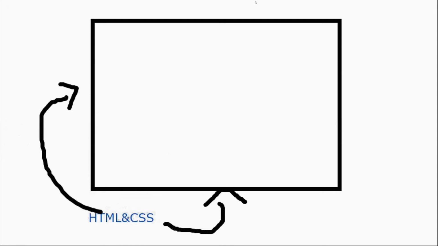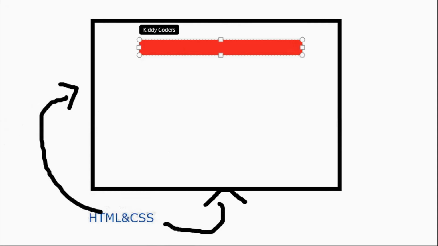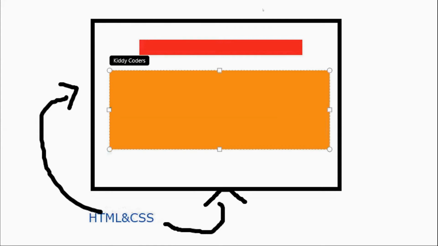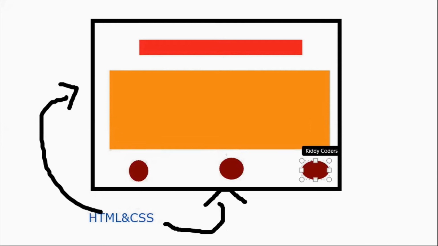Let's say you can have a heading in the center like this, good content over here. I'll just draw it, and some really cool images by the border. So that's what CSS helps you do. It helps you design your website. Now, this is a really bad representation. You can do a lot more.